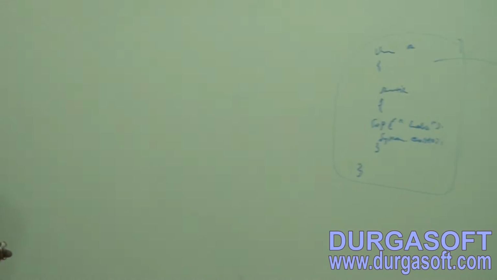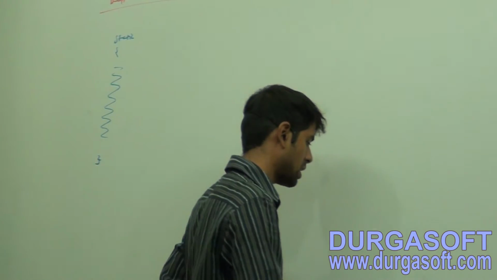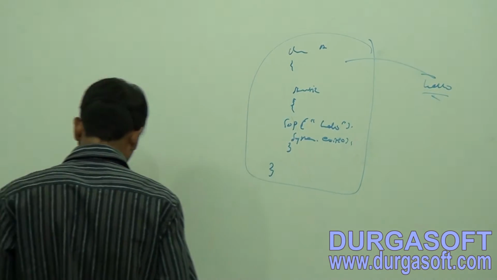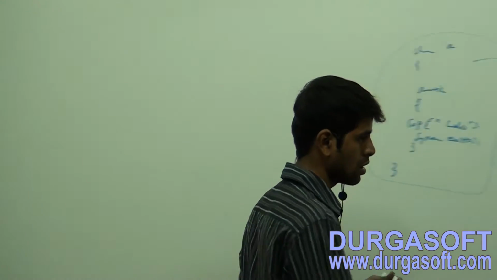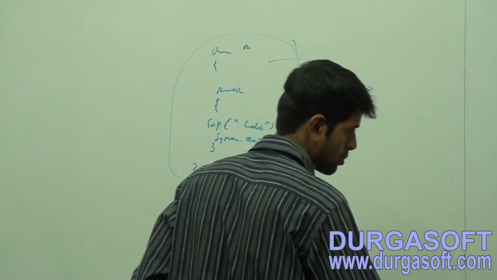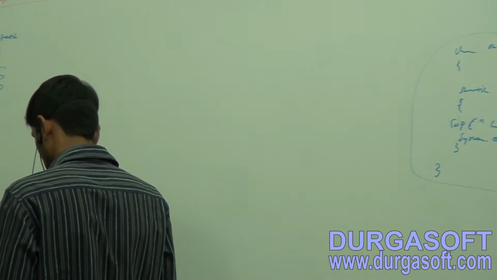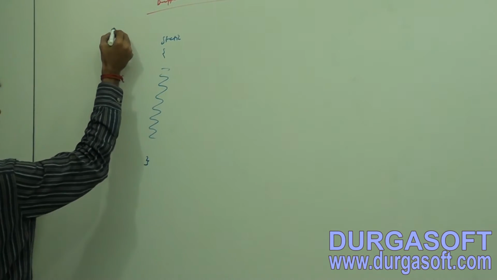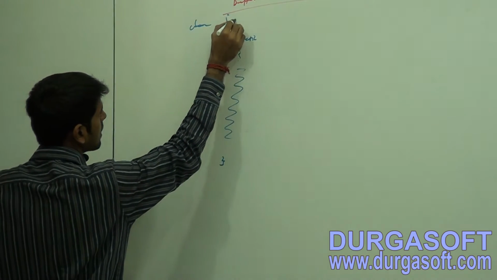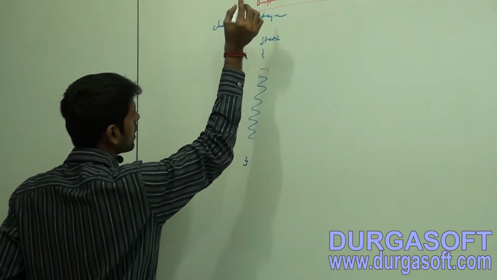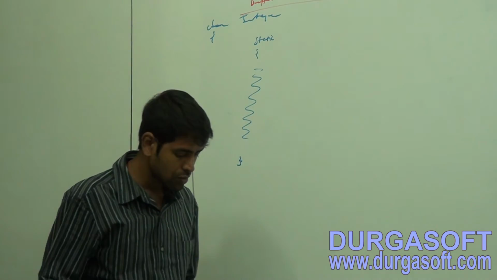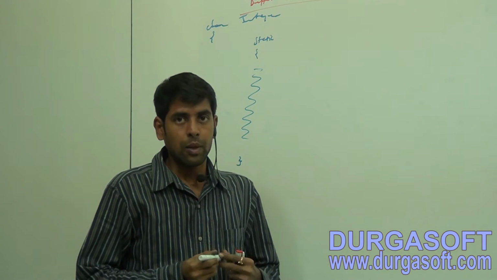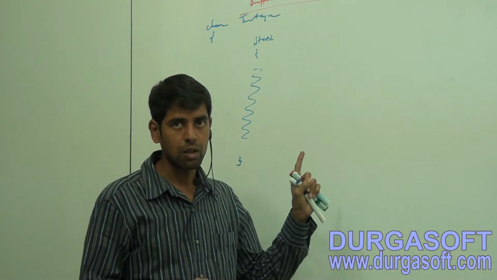If you want, compile and execute. Now come to this part. Within our wrapper classes, let it be Integer, we have this static block.